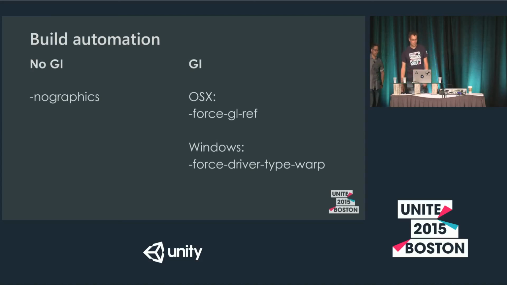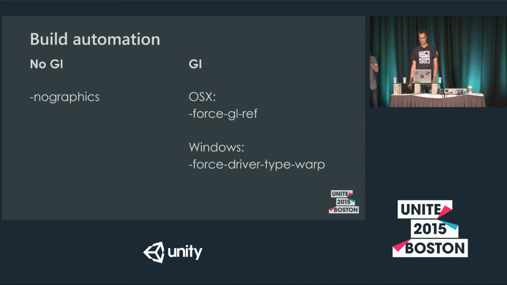So since 5.0, we have Enlighten in Unity, and it makes things a bit different for build automation. Enlighten requires GFX device to be accessible by Unity, and that's why you can't build your projects if you use GI data anymore with no graphics option.